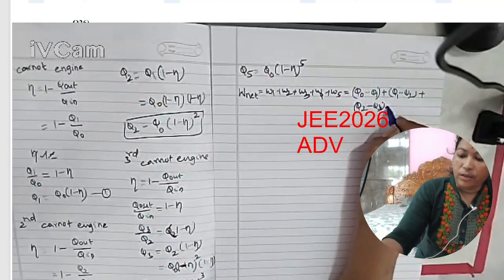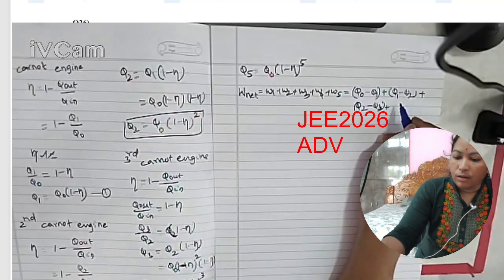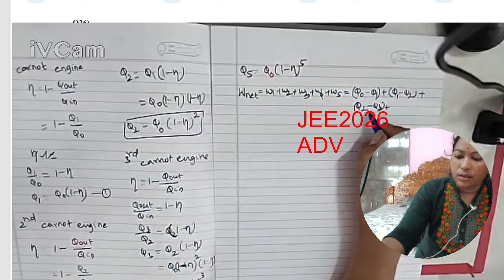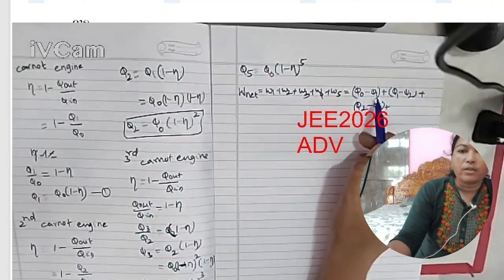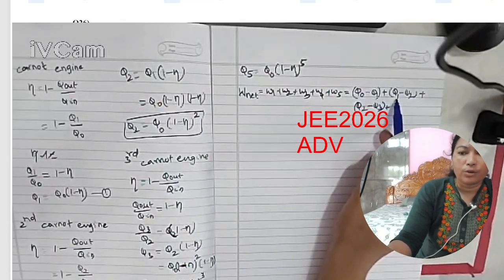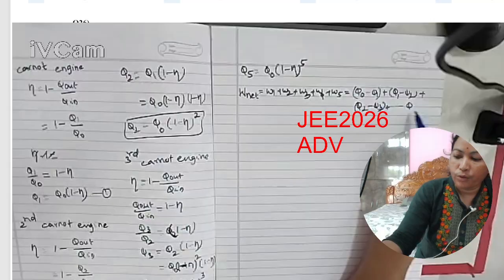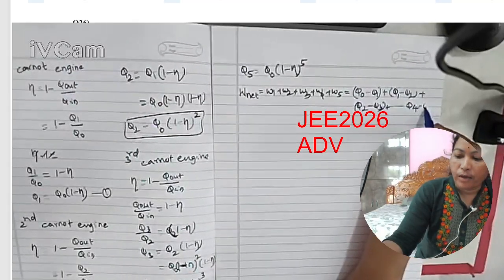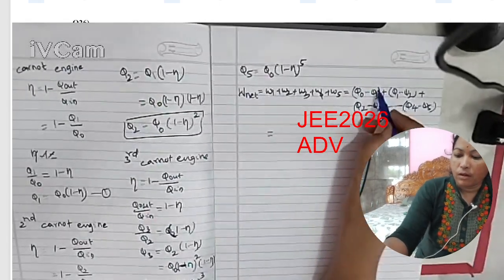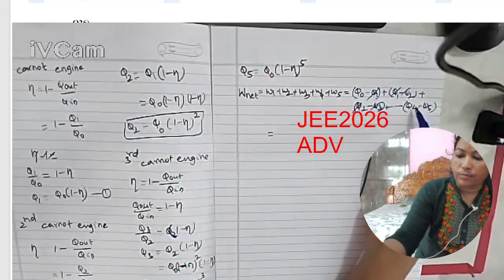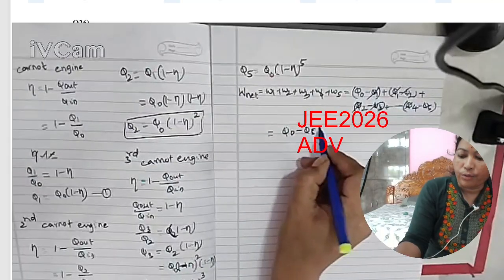So I'm writing for W1, Q naught minus Q1. For W2, Q1 minus Q2. It follows to Q4 minus Q5. If you closely observe, all these values will be cancelled out. You get Q naught minus Q5.